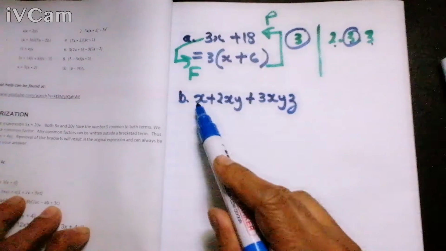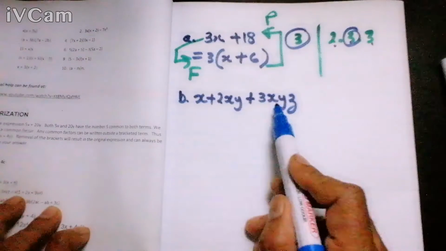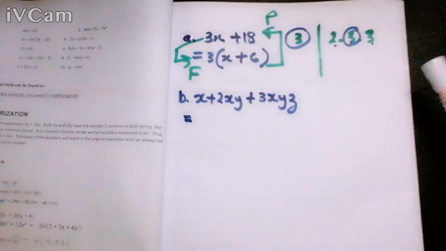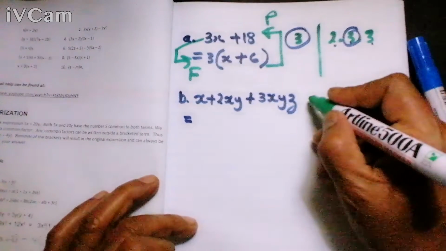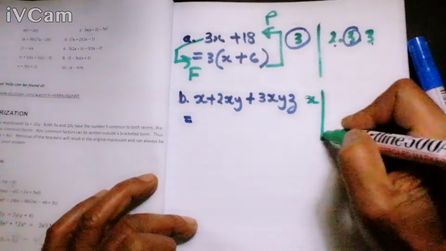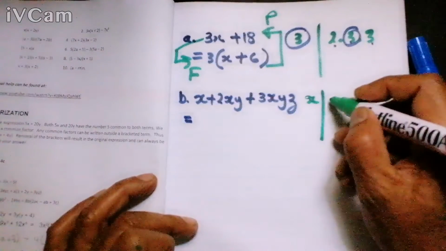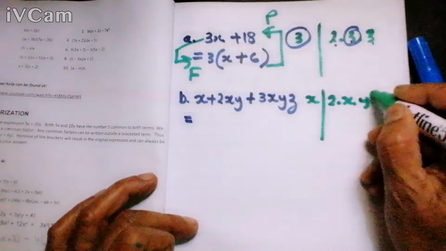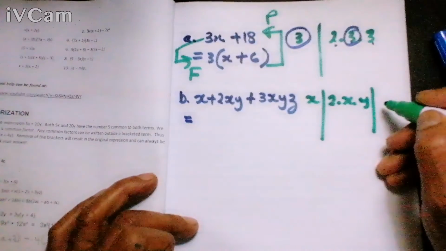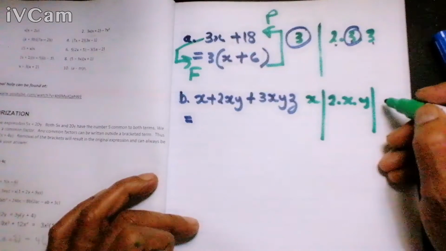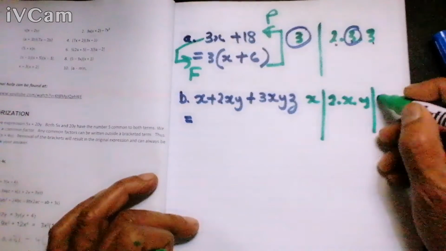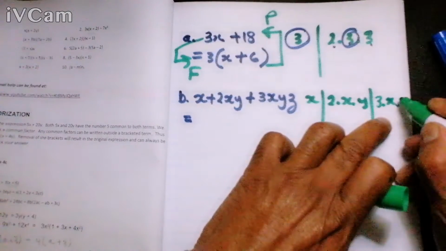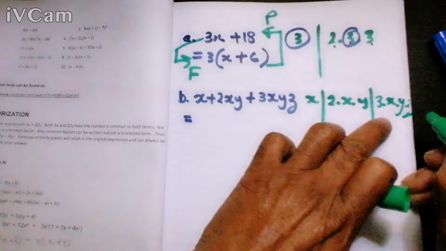So here we have an expression with 3 terms, and we want to factorize it. In the first one we have just x. In the second term, 2 cannot be broken down further, neither can x, neither can y. And in the last one it is the same, none of them can be broken down any further, so you have 3, x, y, and z.